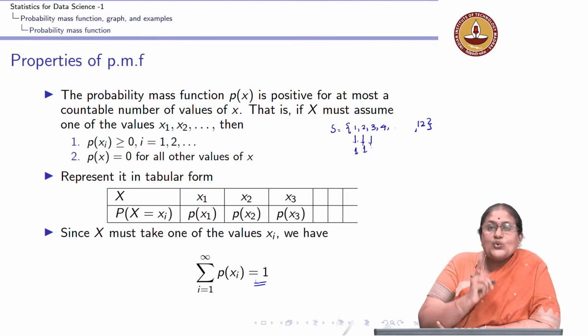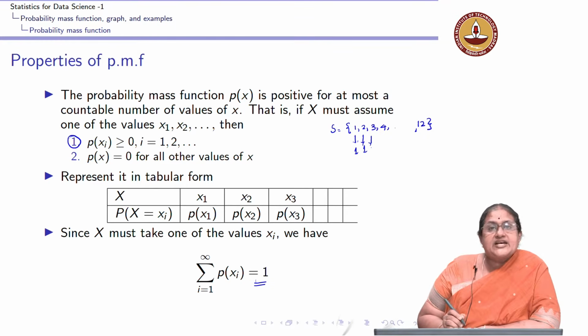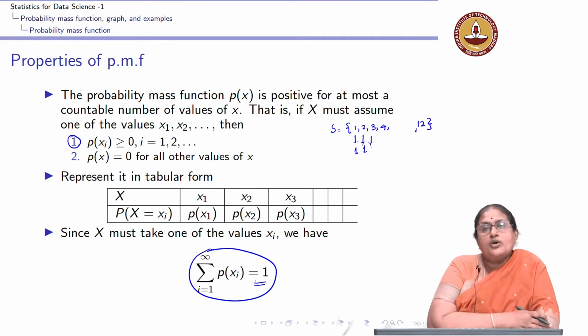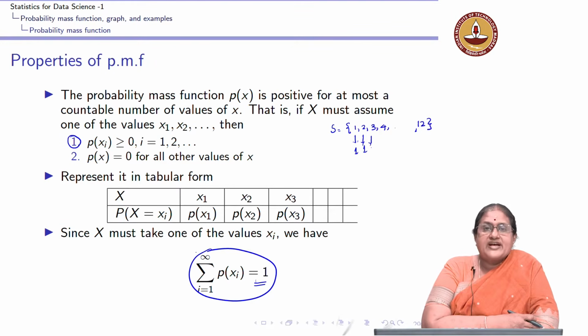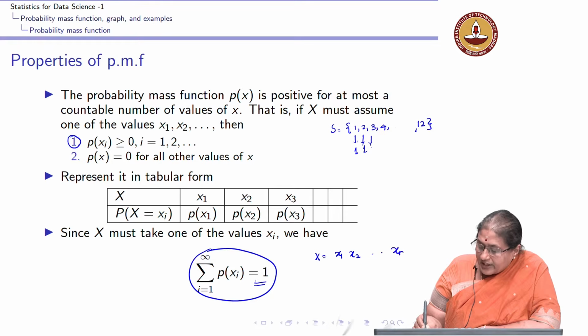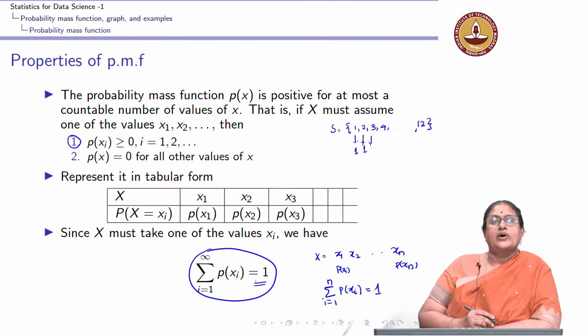So, the two key properties are that the probability of xi is non-negative and the summation over all possible values of X should be equal to 1. Now, if X takes only finitely many values with probabilities P(x1), up to P(xn), then the summation over i going from 1 to n of P(xi) should be equal to 1.